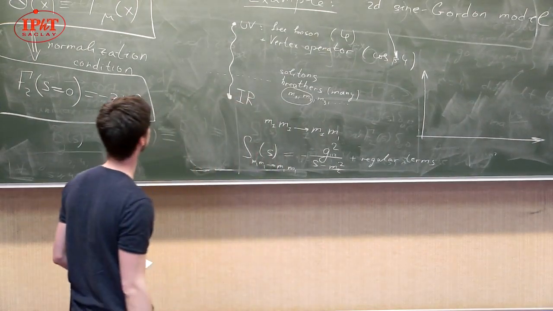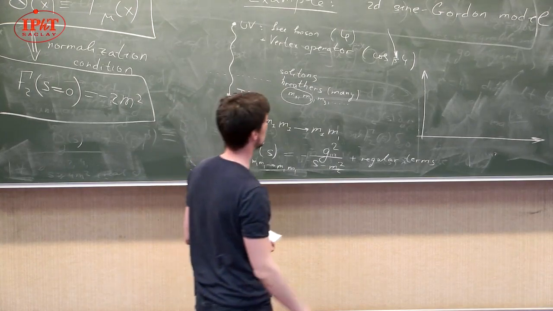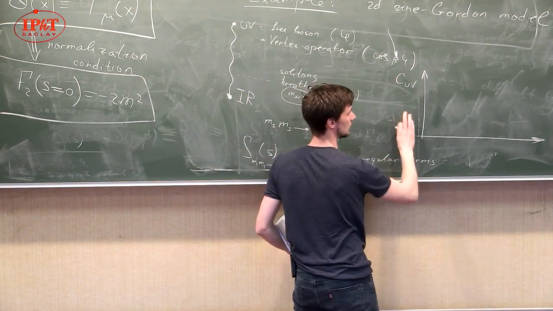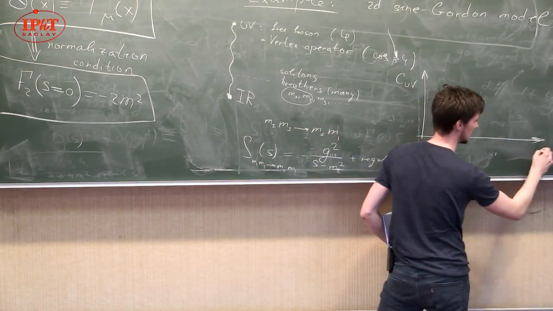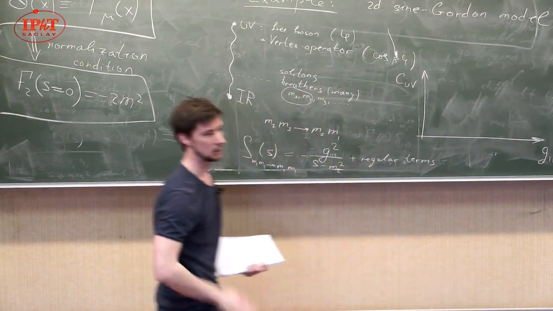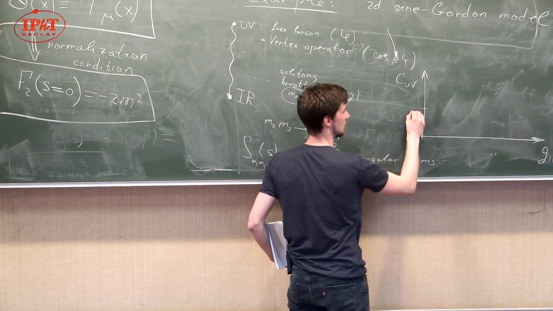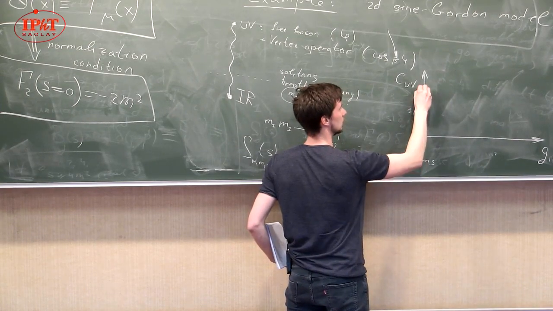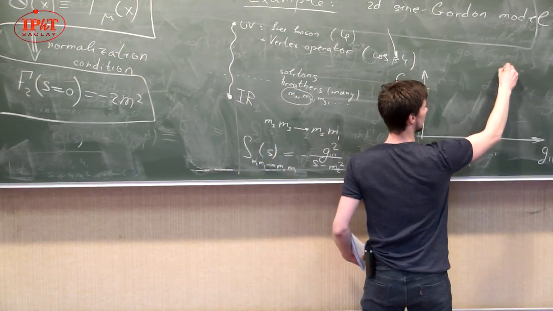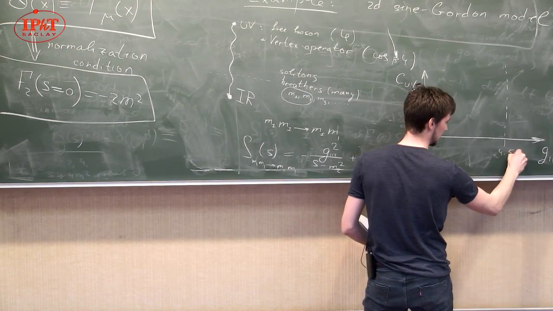What I can do is plot the central charge c_UV on the vertical axis, and the coupling constant, the residue g_112, on the horizontal axis. Here are the values: 1/2, here's 1, and here's the value 4.559.